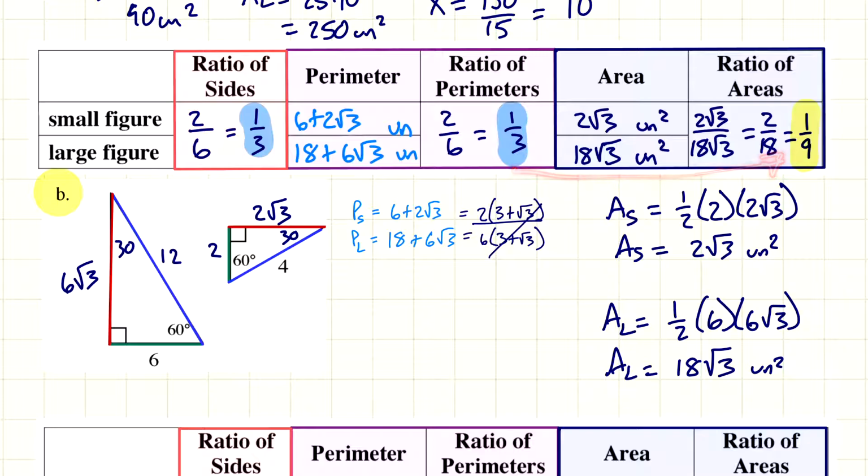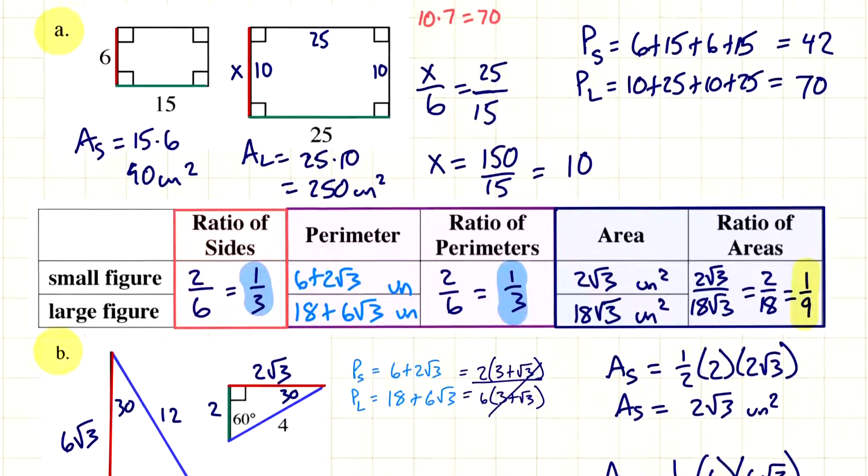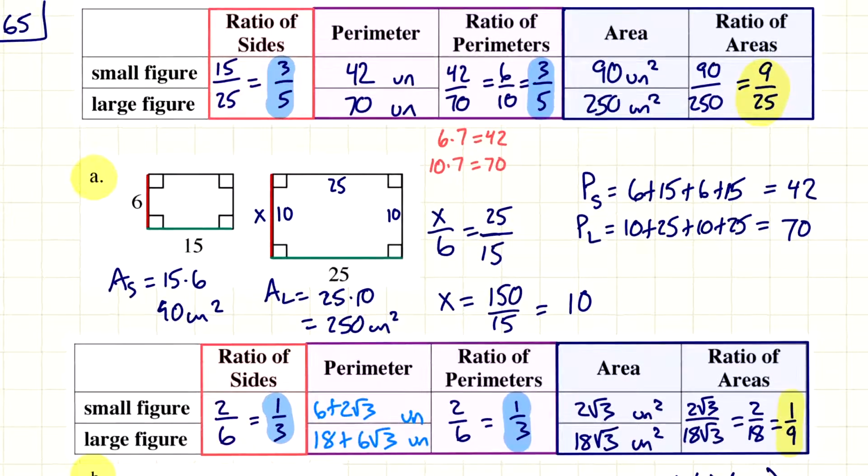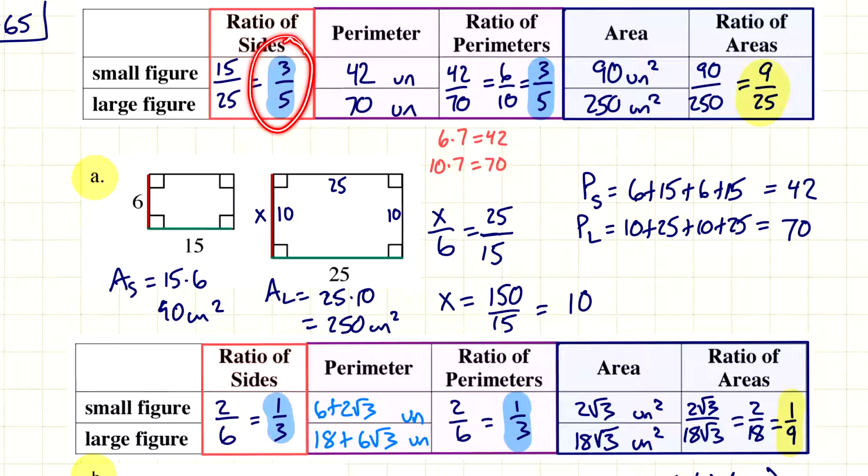So how are they related, right? Some of you probably already knew this coming into the lesson because we talked about it in the previous lesson. If you didn't quite understand it last time, let's talk about this. Here's the last two we just did. If you know the ratio of sides is 3 over 5, then what you could do is take that ratio and square it.